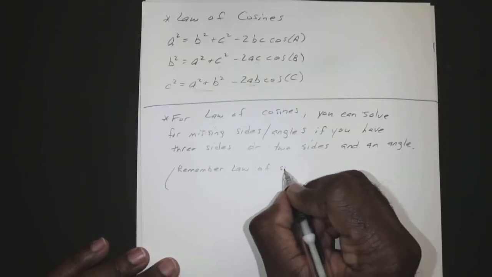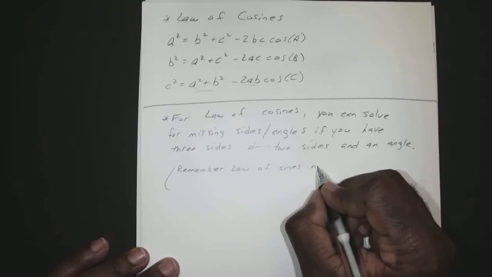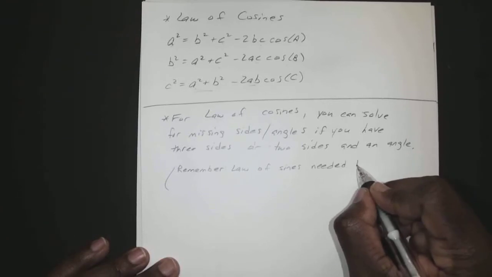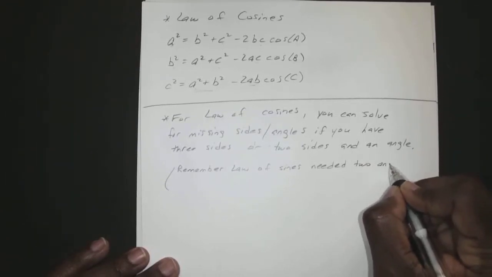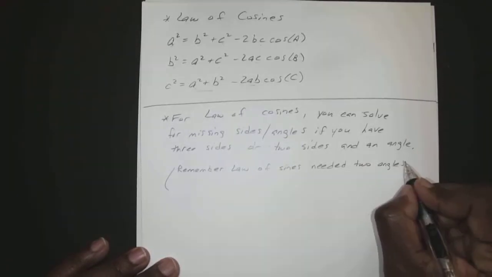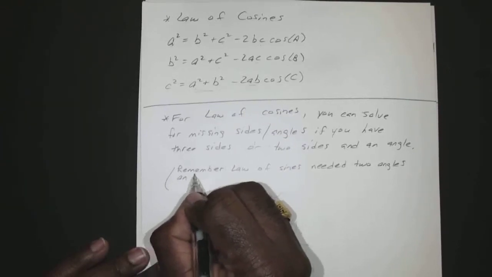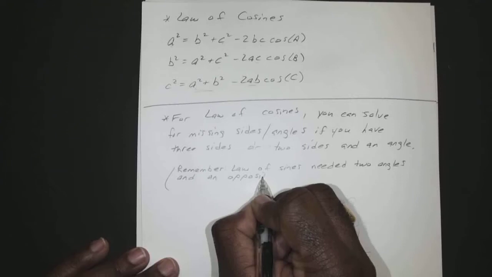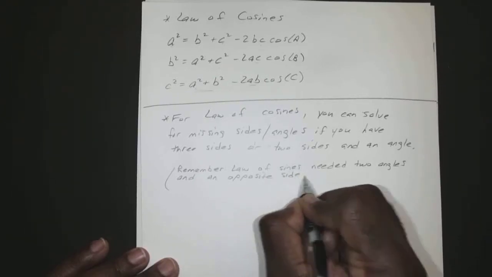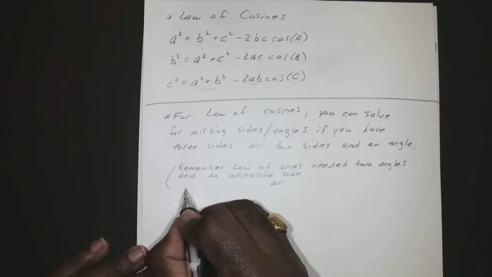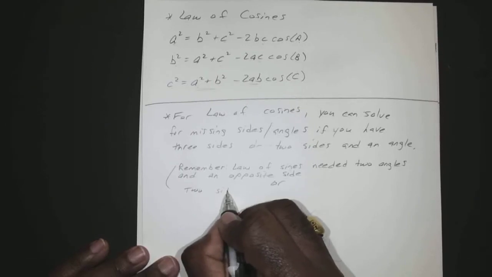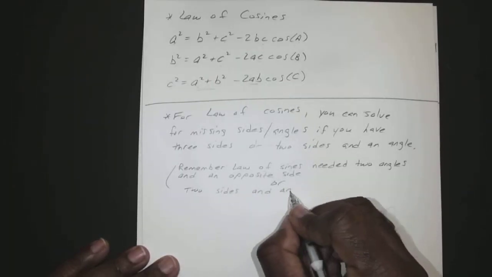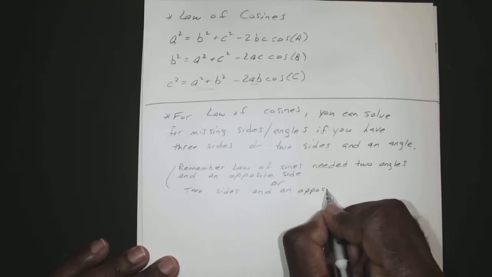Law of sines needed two angles and an opposite side, or two sides and an opposite angle.